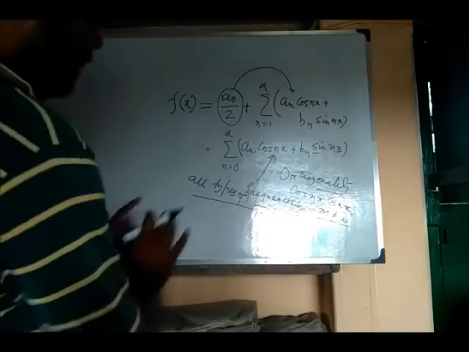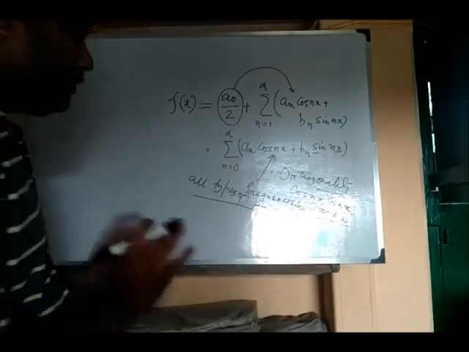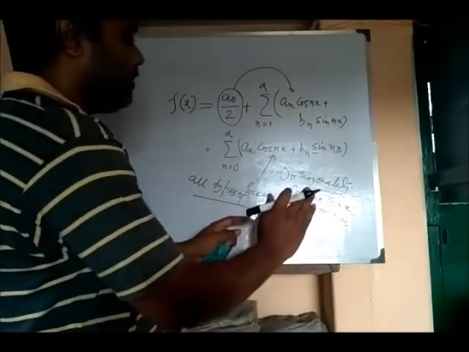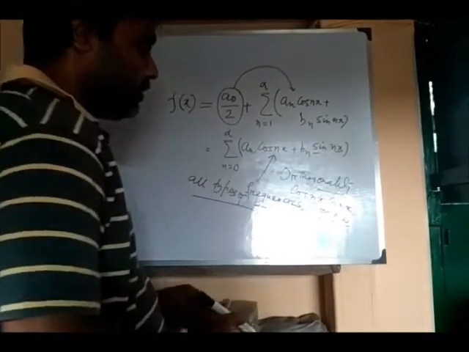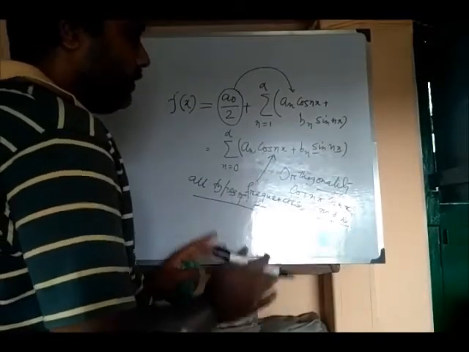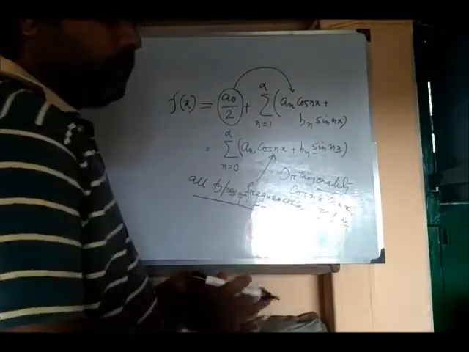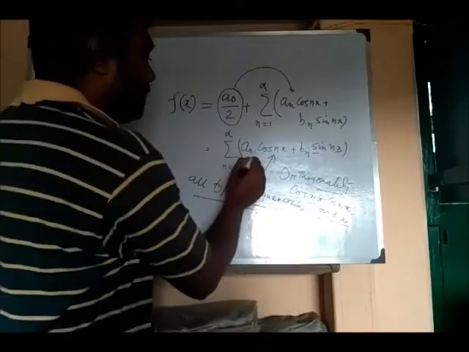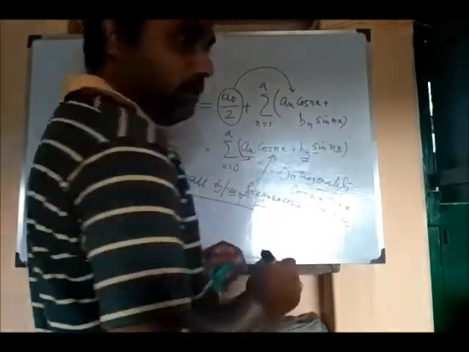If there is no orthogonality relation between the different frequencies of the cosine series or sine series, then you cannot determine these an and bn terms.